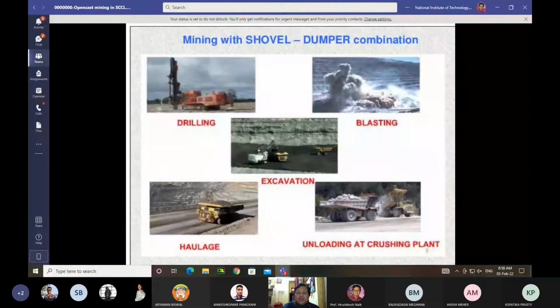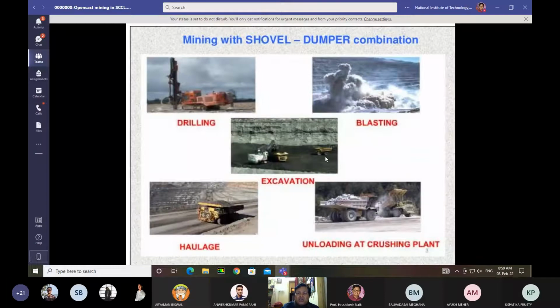So this is the layout of this shovel dumper mining technology. First, the drill machine will be used for drilling the holes. After that, the holes will be charged with explosives, and the material will be blasted and fragmented. After the material is fragmented, the excavation work starts.